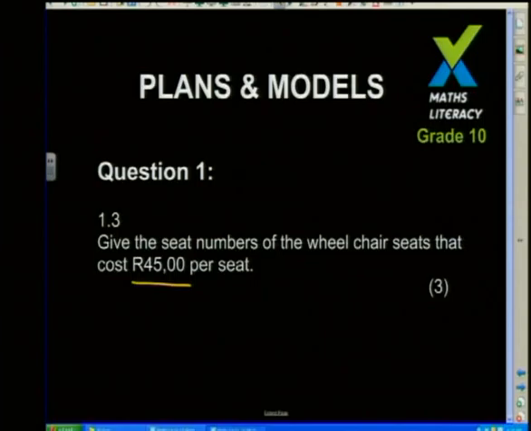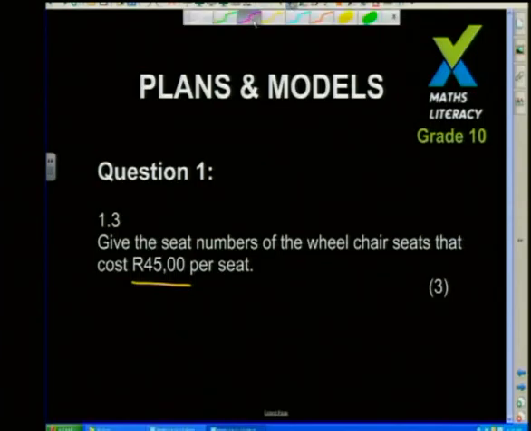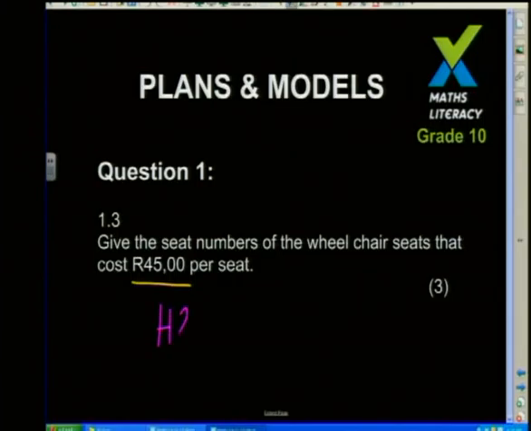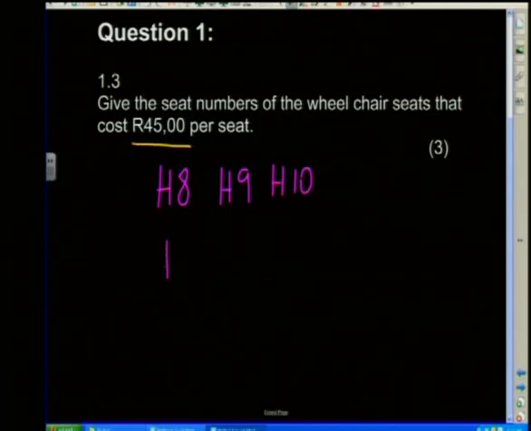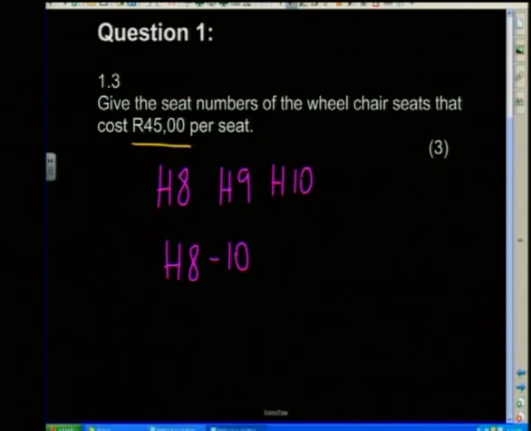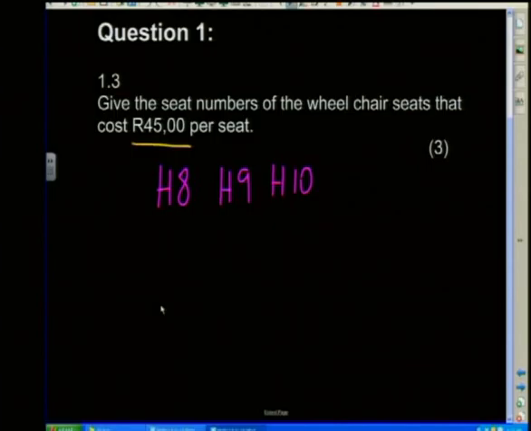So it was in row H, H8, H9, and H10. Now we probably could have written it as H, 8 to 10, but maybe we shouldn't be too lazy, and let's rather write it in full. So we've got the seat numbers of the wheelchair seats that cost 45 Rand. Let's move to the next question.